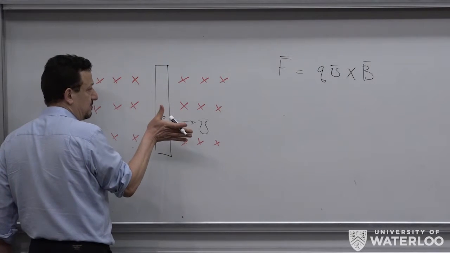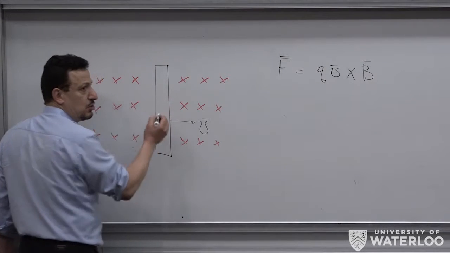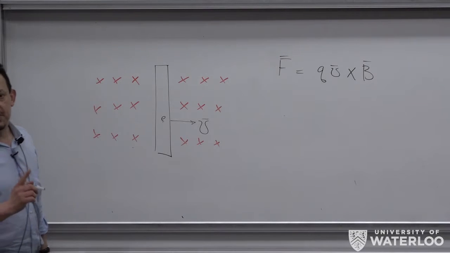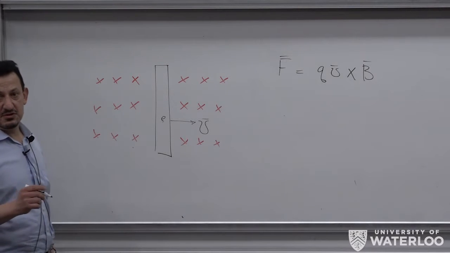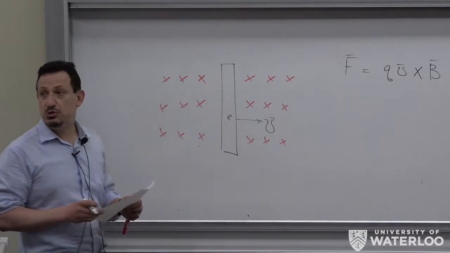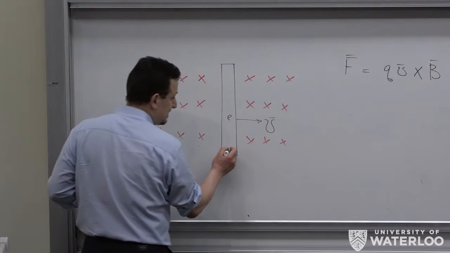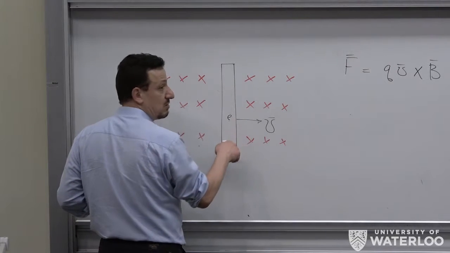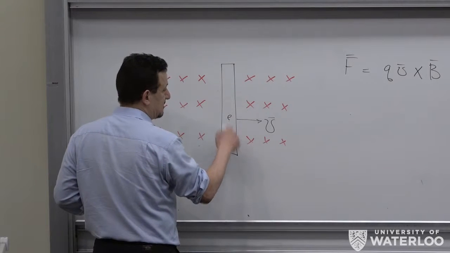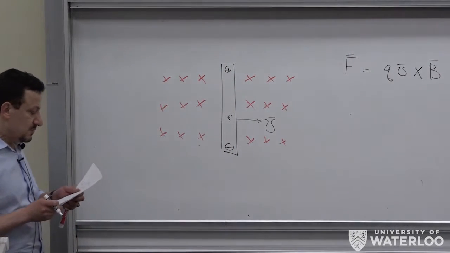So I take QV, cross it with B. I will end up with a force pushing the charge up if it was positive, right? And if it was negative, it will be pushed where? Down. So I have negative charge. Assume there's only one. The negative will go down and the positive will go up. Okay?